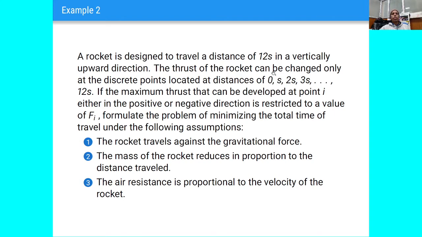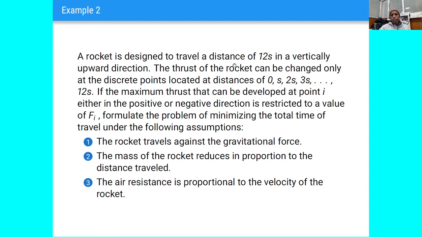So the first point is at 0 distance, then the second point is at distance s, then the next point is at distance 2s, the fourth point at 3s. Likewise, there are 13 points, and there are 12 segments. We can say segment 1 will be from 0 to s, segment 2 will be from s to 2s, segment 3 will be from 2s to 3s. So this way there are 12 stages or 12 segments.